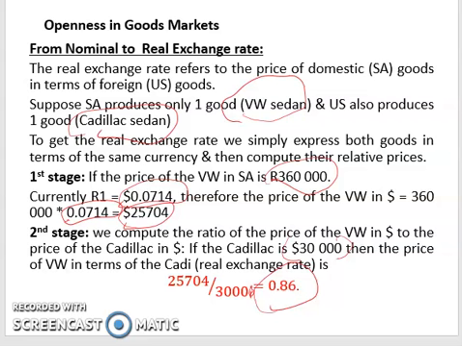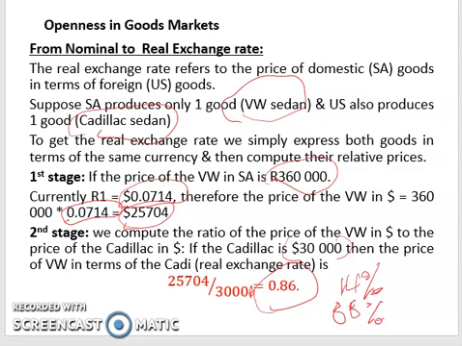So the 0.86, or rather 86%, tells us that a Volkswagen will be 86% the price of a Cadillac, or rather a Volkswagen will be 14% cheaper than a Cadillac, which is the difference between this and 1, or 100%. So Volkswagen will be 14% cheaper than a Cadillac, or rather Volkswagen will be 86% the price of a Cadillac.